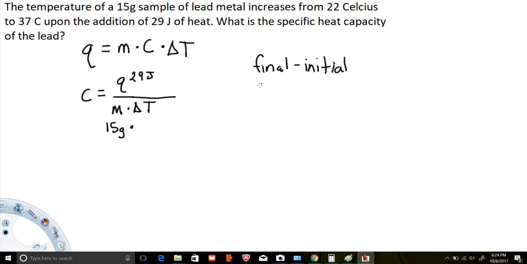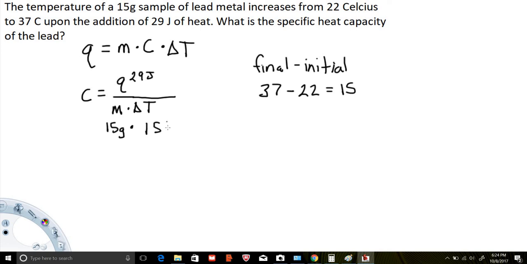And so the final temperature is 37 minus 22 is equal to 15. And like I said, we just are looking for the difference here, but make sure when you're doing these problems that you know that the temperature is in Kelvin and not Celsius.